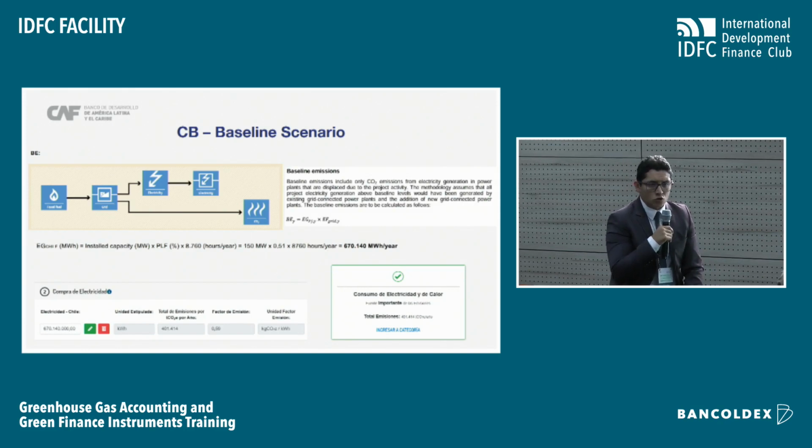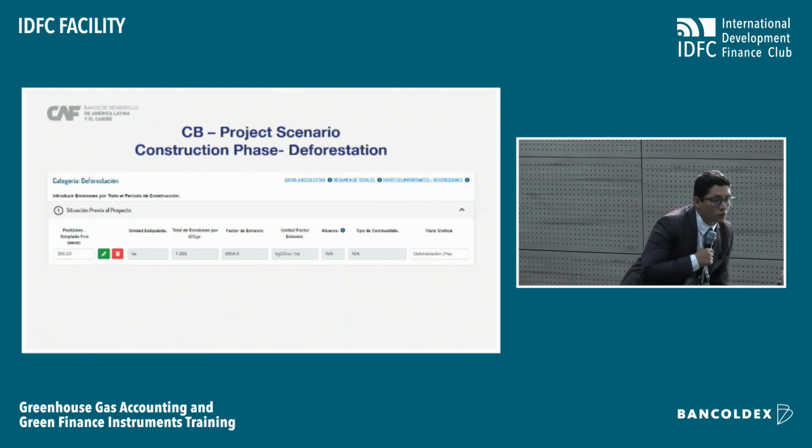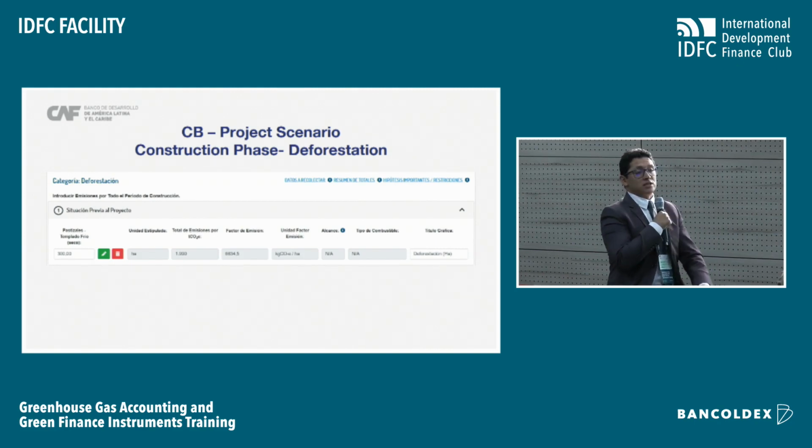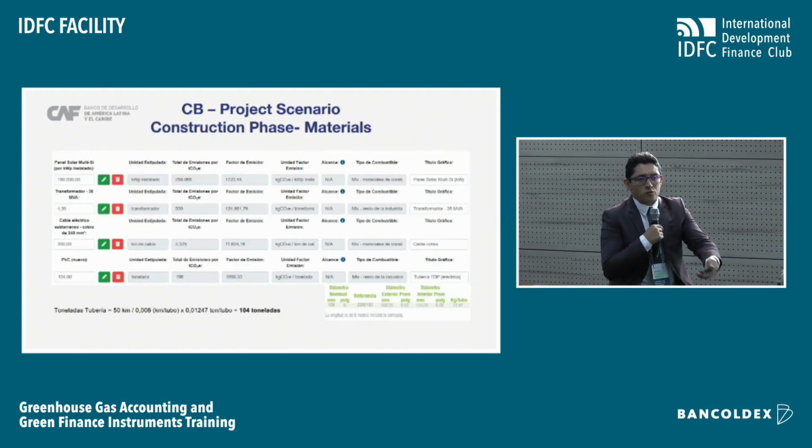Those baseline scenarios are based mainly on the UNFCCC guidelines, basically the booklet of methodologies of UNFCCC, of course tropicalized, not including elements like additionality and so on, but including the elements necessary for the establishment of the baseline. Using those formulas, we request from our clients the activity data, for this particular example fossil fuel consumption, and the materials necessary during construction: solar panels, transformers, cables, pipelines, and so on.